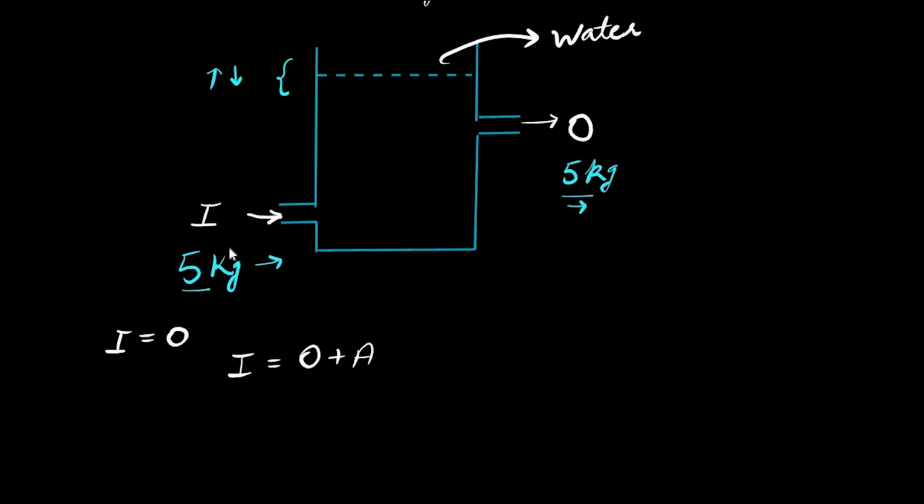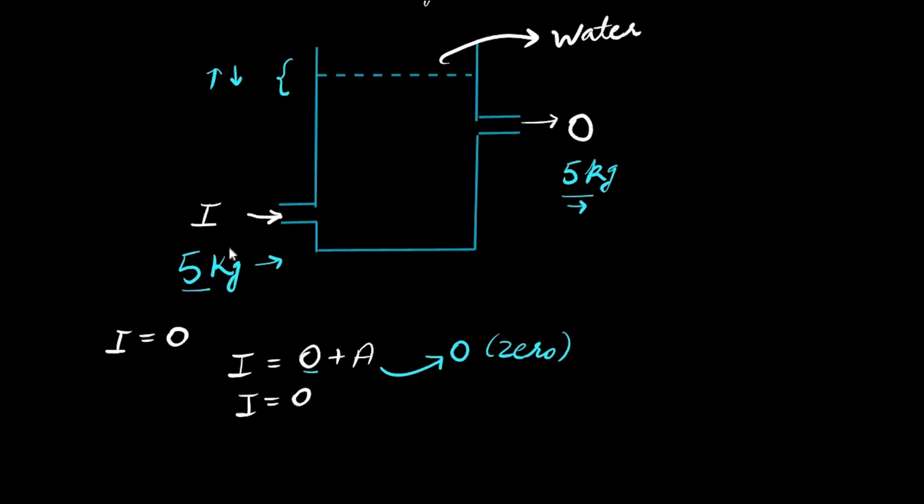The same amount of water that is flowing inside is flowing outside of the vessel. So nothing is accumulated, so accumulation is 0. Please don't get confused: this is O and this is 0. So in this case, inflow will be equal to outflow.